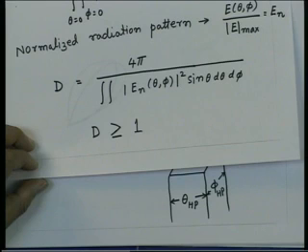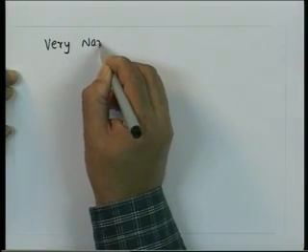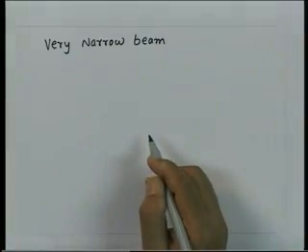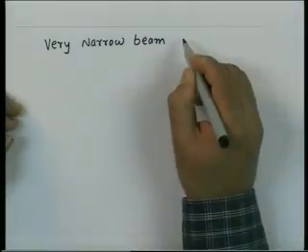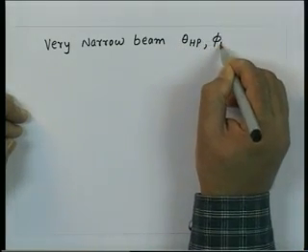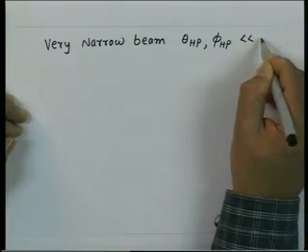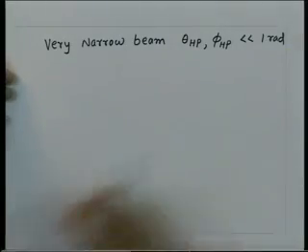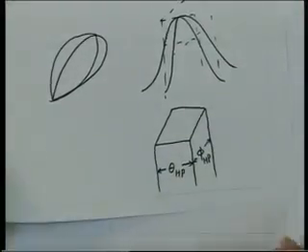So, we get now the directivity for what is called a highly directional antenna. So, if you take a very narrow main beam, such that your theta half power and phi half power are much smaller compared to 1 radian, then this integral can be approximated by simply theta half power and phi half power.